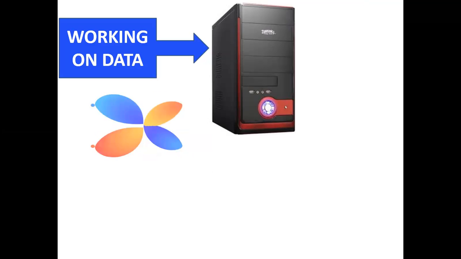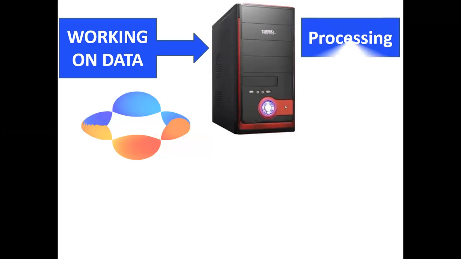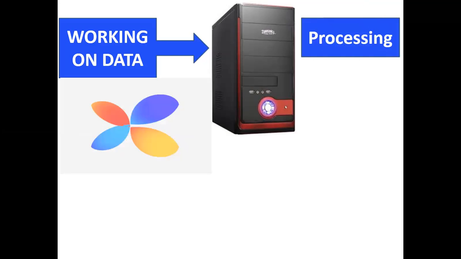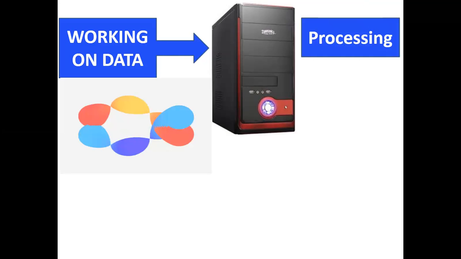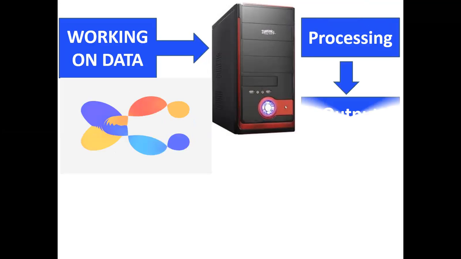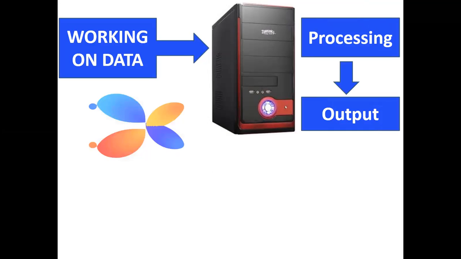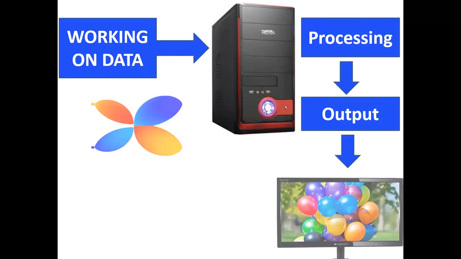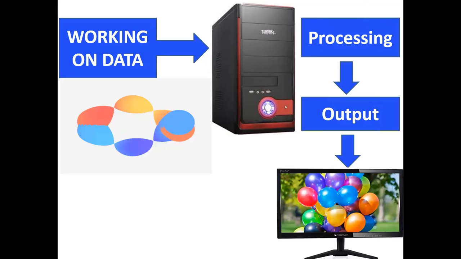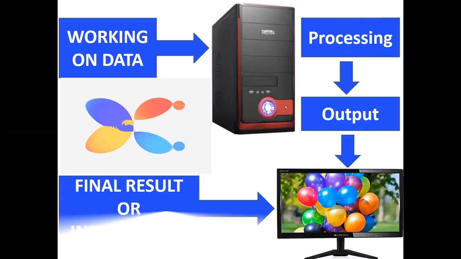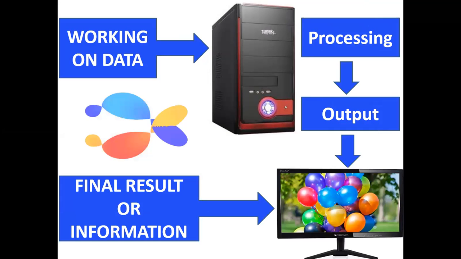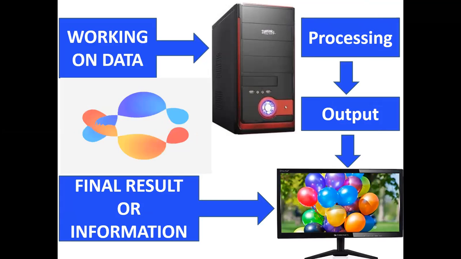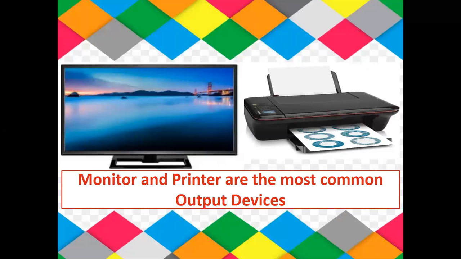It is called processing. When the CPU finishes the processing of the data, it is called output. Output is displayed on the monitor. Output means the final result or information. Monitor and printer are the most common output devices.